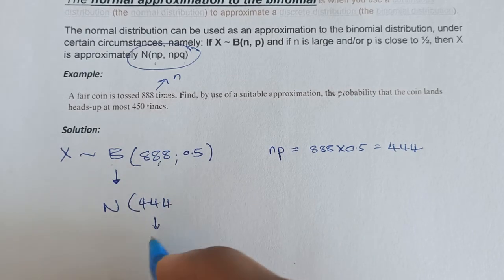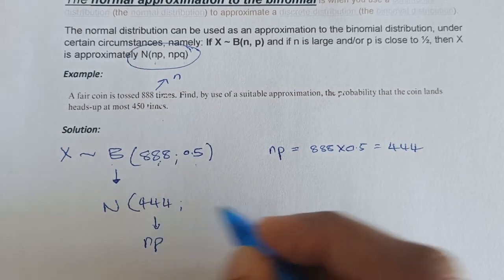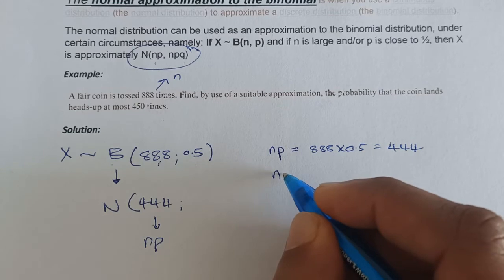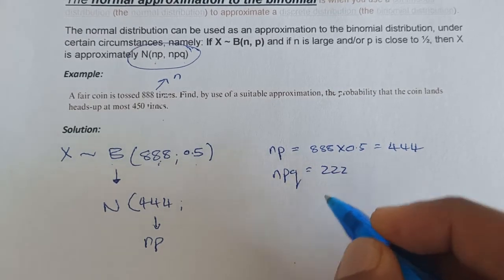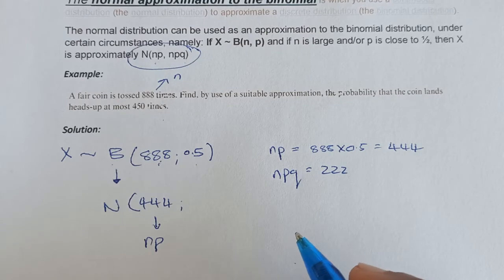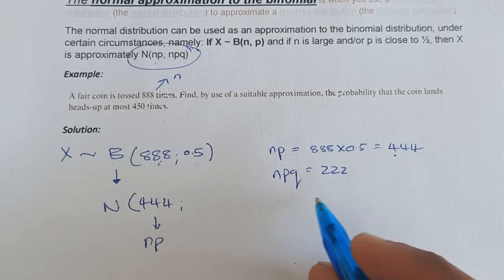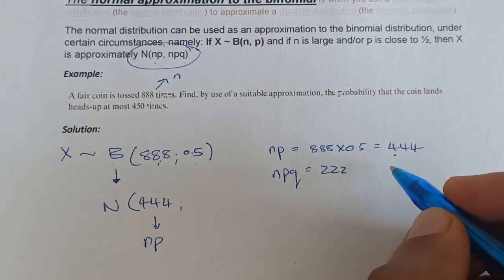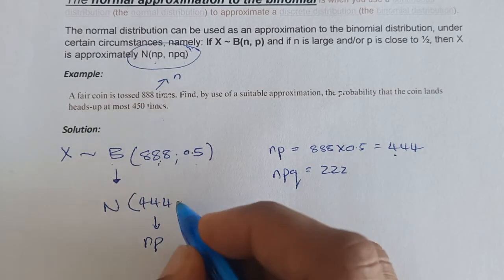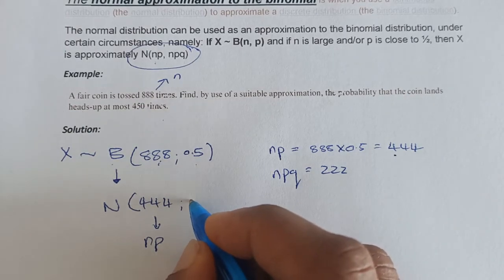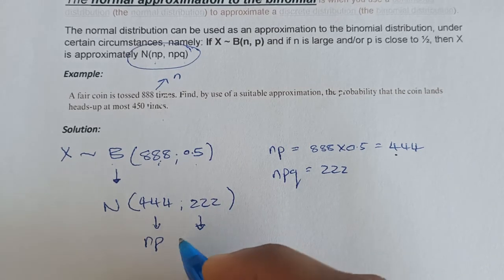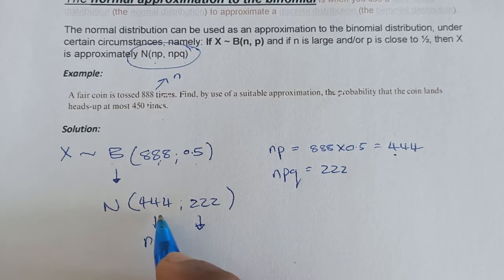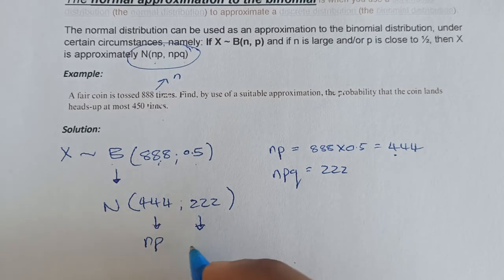Okay, so remember that's np. Then we've got npq, which is equal to 222, because we would take that and multiply it by half again. So we get 222 to be npq. So that takes us to our variance and our mean.